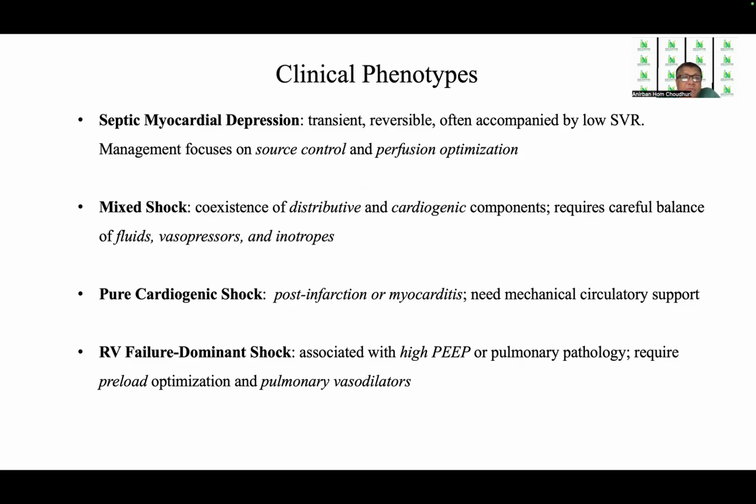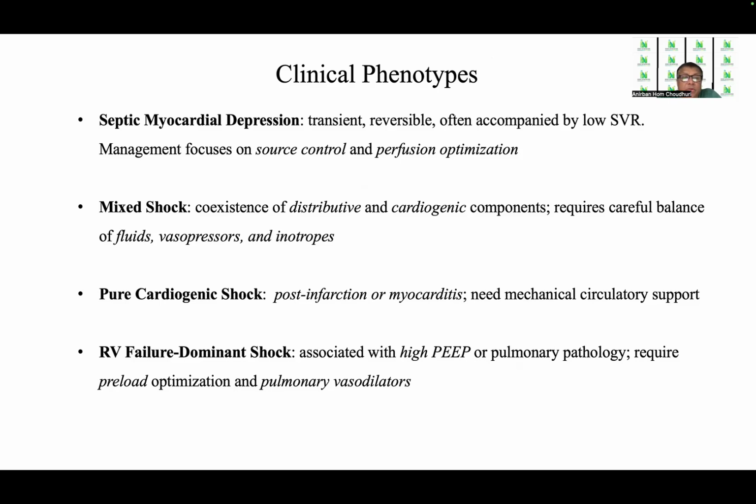The second phenotype may be a mixed shock where there is coexistence of distributive and cardiogenic components. That is, both cardiogenic and septic shock components are there. And these patients require a careful balance of fluids, vasopressors, and inotropes. The third category can be a pure cardiogenic shock, like I said, after infarction or myocarditis, and they may need mechanical circulatory support.